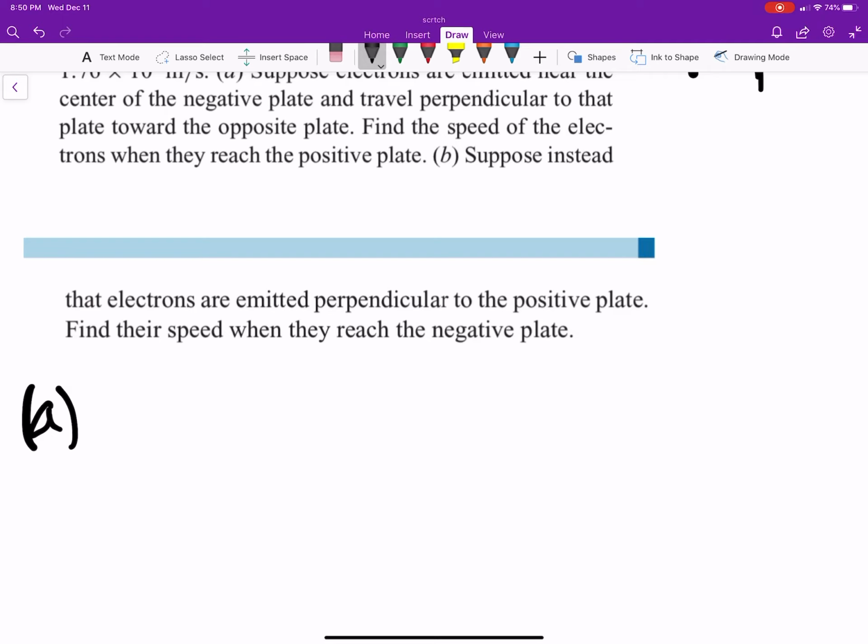Now, the first thing we should look at here is the kinetic energy initially. And that's just going to be 1/2 m v initial squared. Right? That's our main equation here. One important thing to note is the mass of an electron.